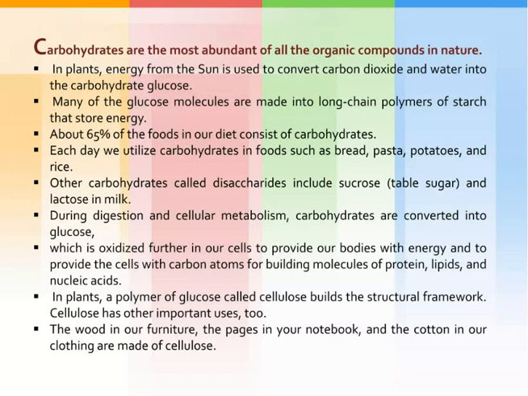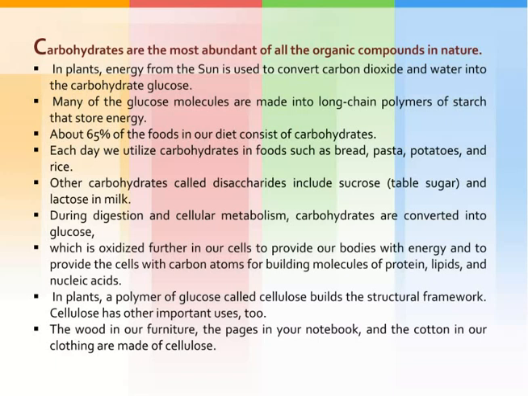During digestion and cellular metabolism, carbohydrates are converted into glucose, which is oxidized further in our cells to provide our bodies with energy and to provide the cell with carbon atoms for building molecules of protein, lipids, and nucleic acid.